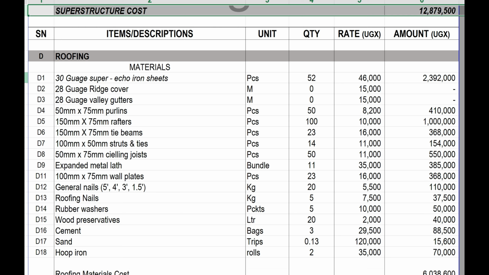About 52 pieces can be enough, at 46,000 each, totaling to 2,392,000.